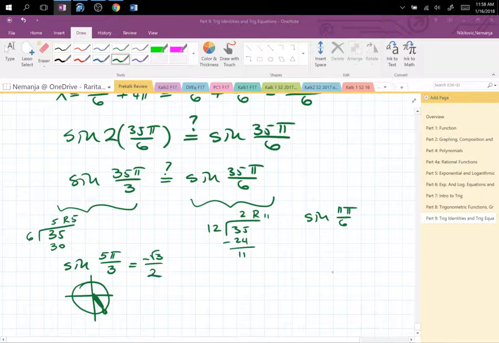And on the unit circle, where is 11 pi over 6? It's right here. Oh, but that gives us negative half. Something went wrong somewhere.